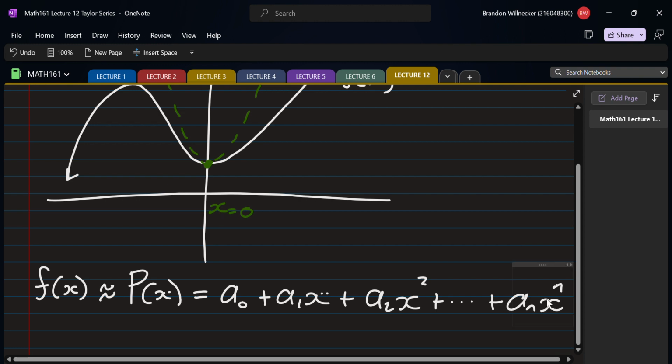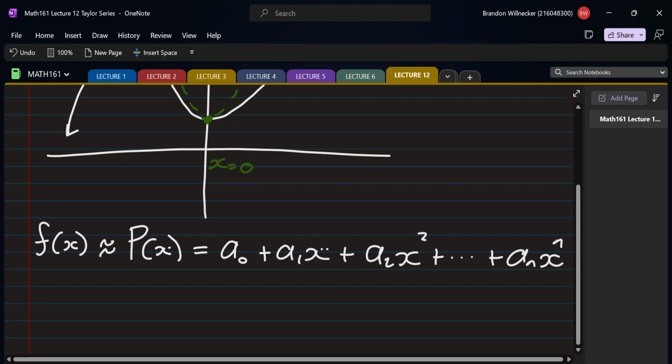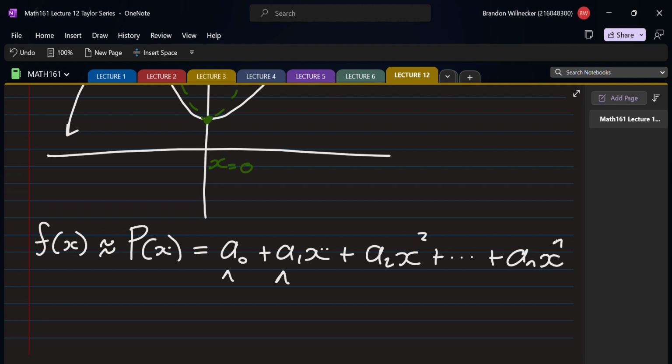Later on, we will take the limit as n goes to infinity, so we have an infinite polynomial, and then this approximation will then become exact. But for now, we're going to just look at approximations. So, how can we then solve for these coefficients here? So, we want to find a0, a1, a2, all the way up to an.